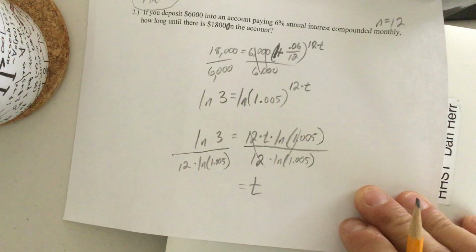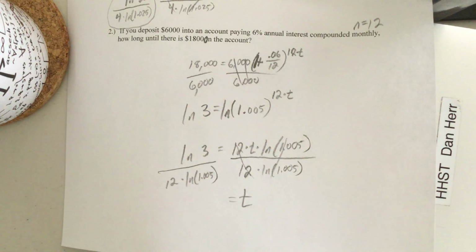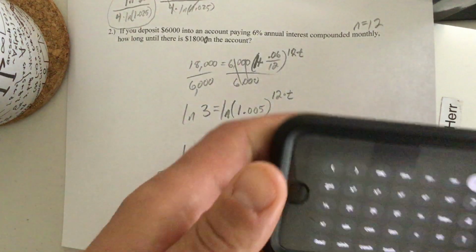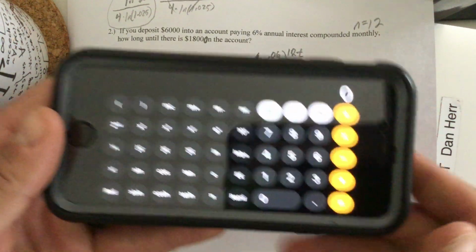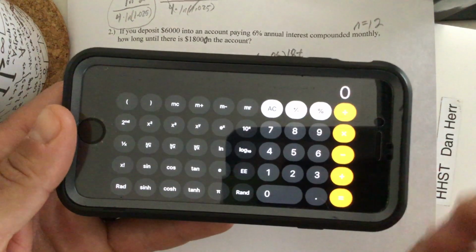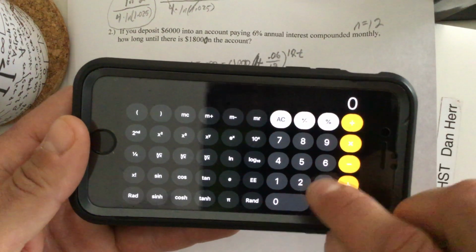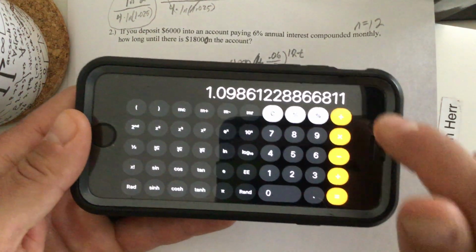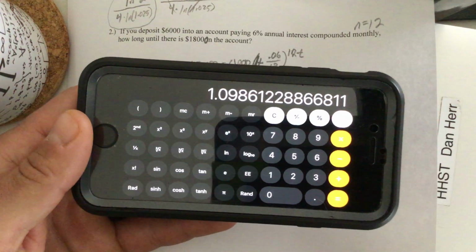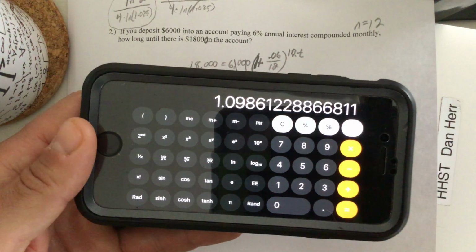The question becomes, how do we type that in our calculator? So one more time, just for clarity, get into your cell phone calculator, make sure it's all clear. The numerator was the natural log of 3. So 3, natural log. Then we're going to divide, but it's a quantity in the bottom, so we have to use our parentheses.